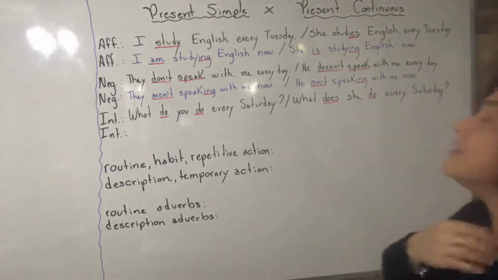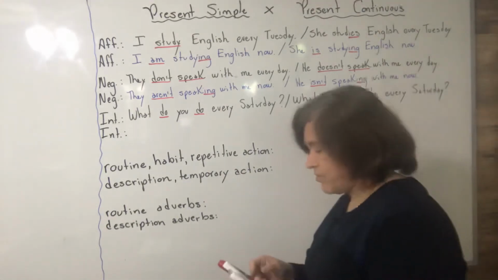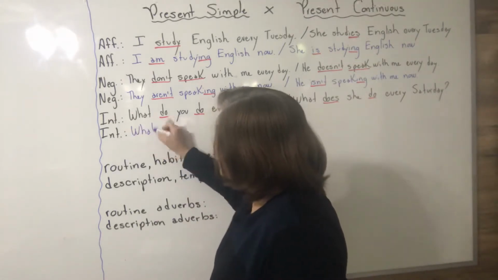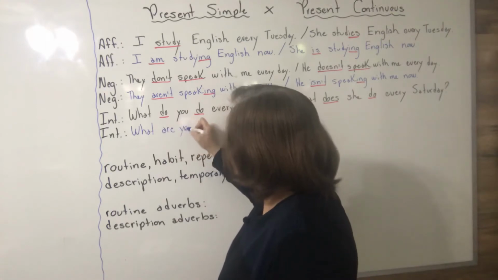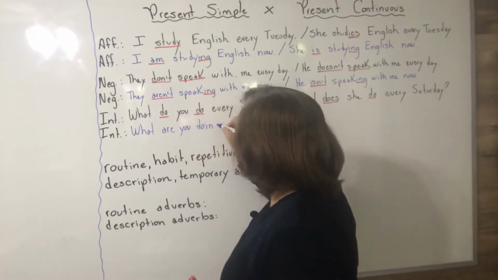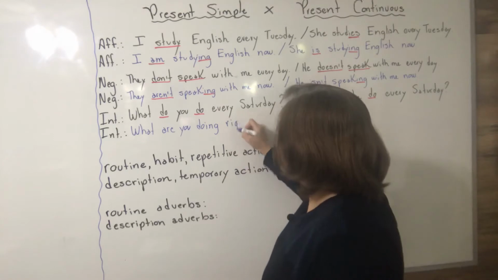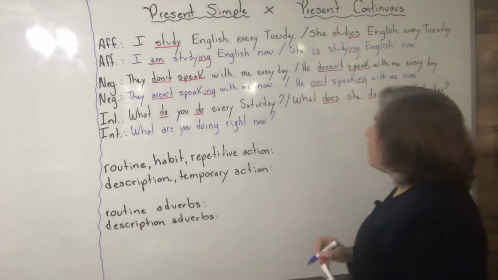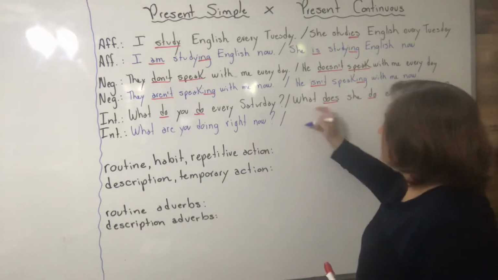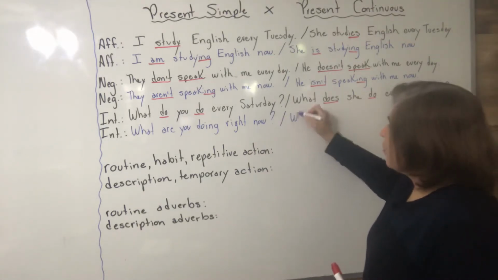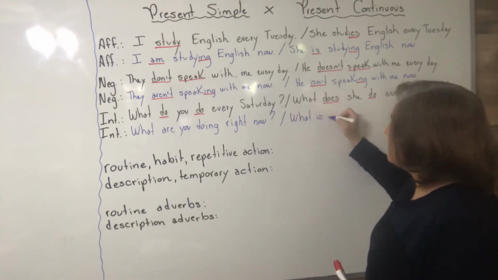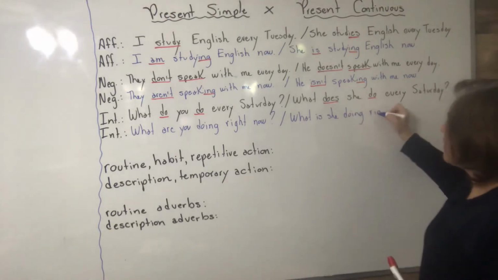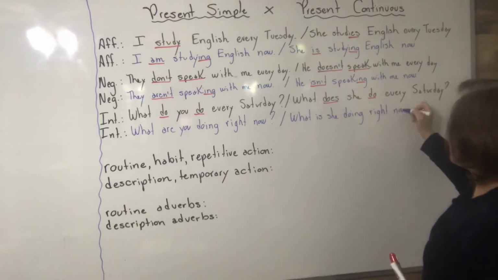And what about present continuous? Let's go for present continuous. In present continuous we have, what are you doing right now? Okay, or if I put the person she, what is she doing right now?